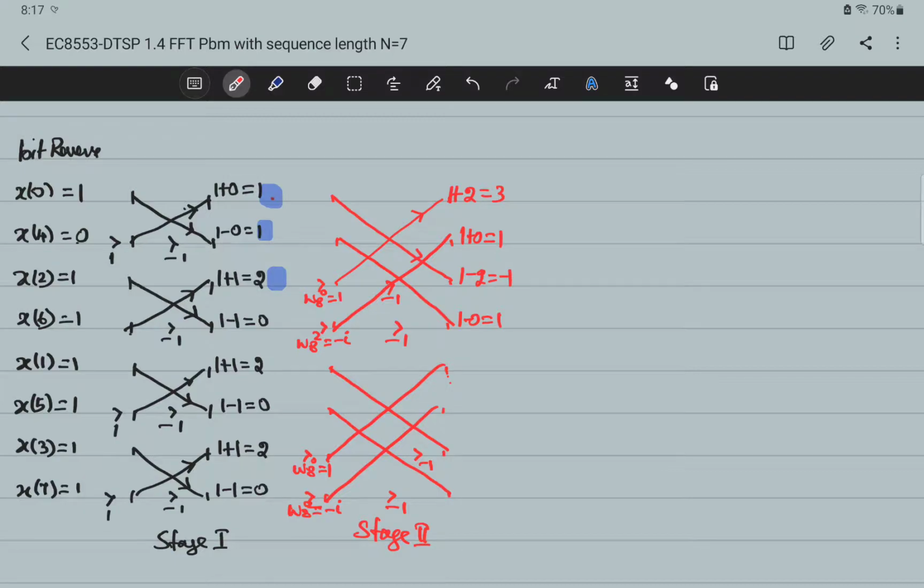And then the next, 2 plus 2 is 4, and 2 minus 2 is 0. And 0 plus 0 is 0, and again it is 0.